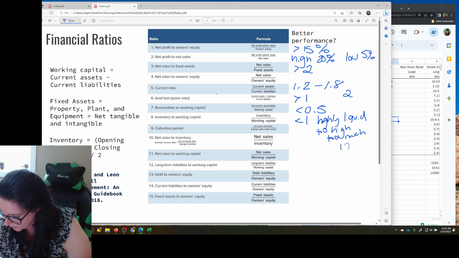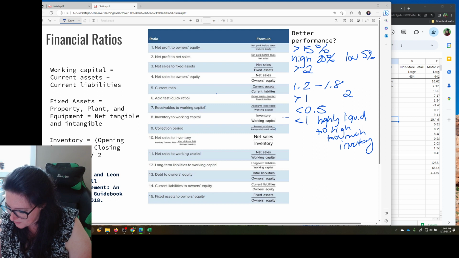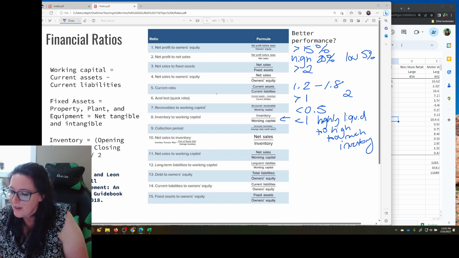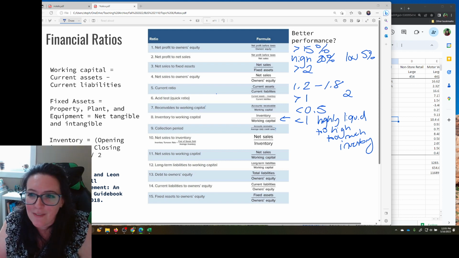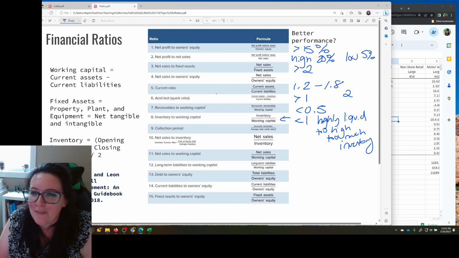See if I can write this vertically here. All right, so that's all part of this one here. So less than 1, we are highly liquid. We don't have a lot of inventory. If the number is too high, then we have lots of inventory.